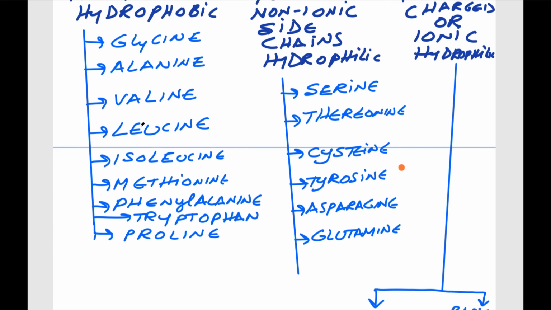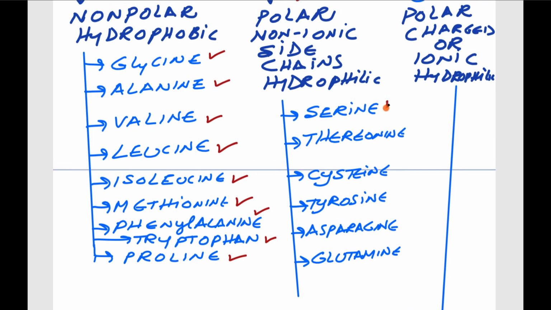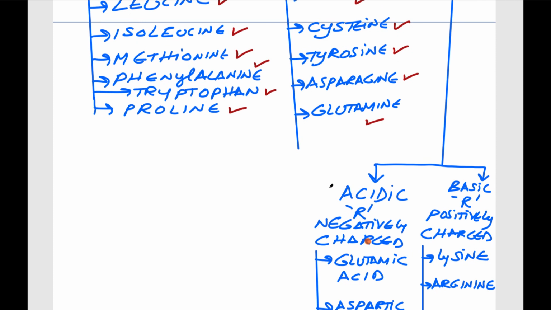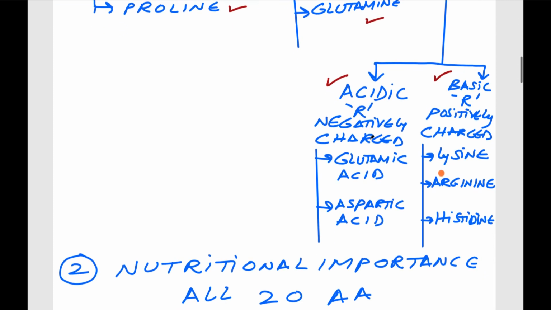The non-polar are glycine, alanine, valine, leucine, isoleucine, methionine, phenylalanine, tryptophan, and proline. The polar, non-ionic side chains are serine, threonine, cysteine, tyrosine, asparagine, glutamine. Polar charged are further subclassified into acidic or basic. Under acidic, negatively charged: glutamic acid, aspartic acid. Under positively charged: lysine, arginine, histidine.